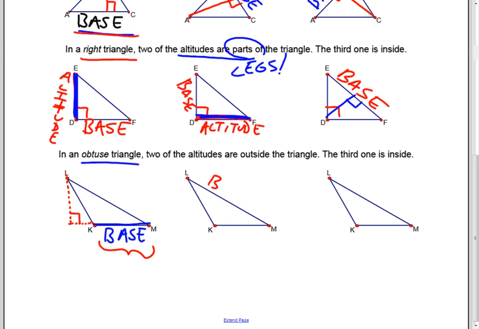If this is the base, then my altitude is normal inside. If this is the base, if it helps you turn your paper until this is actually looking like the bottom of the triangle. Tilt it a little bit, and then you can see that you'll have to extend your base a little bit in order to drop down a height.